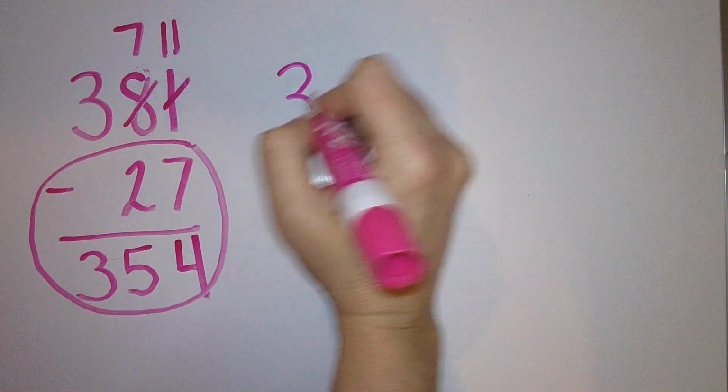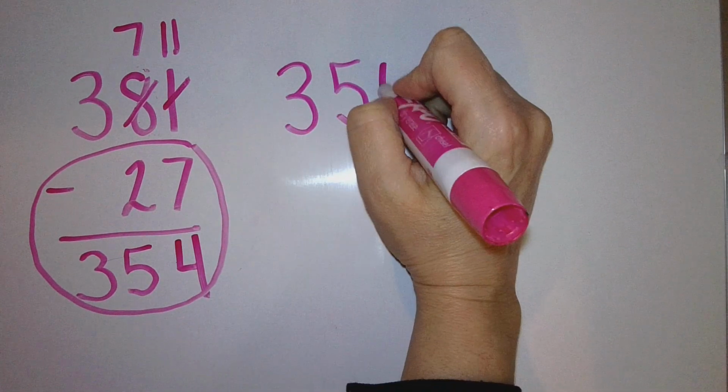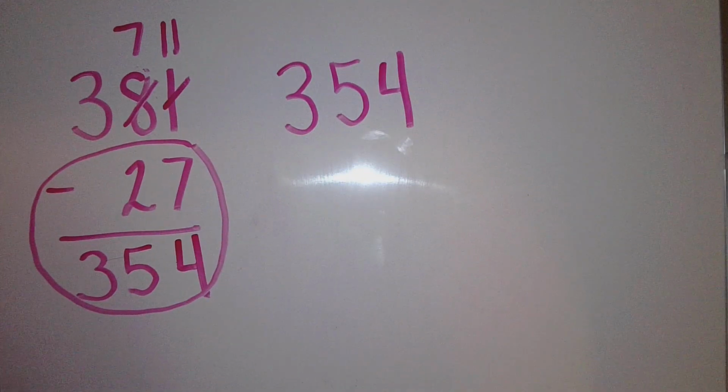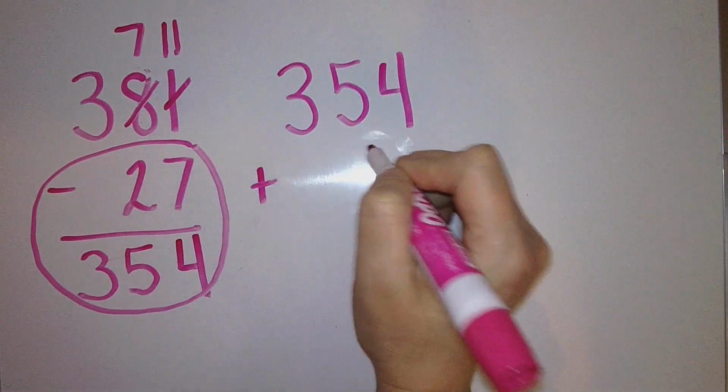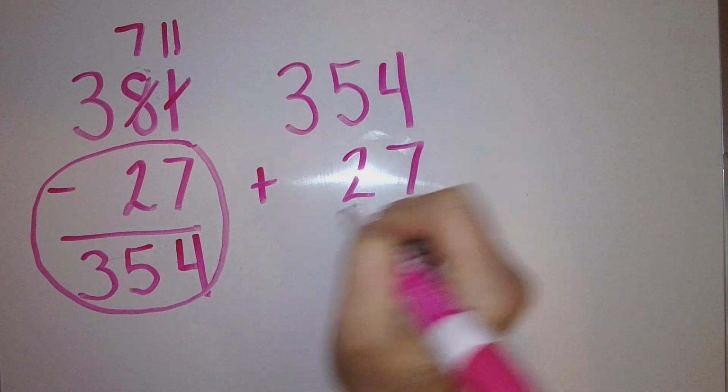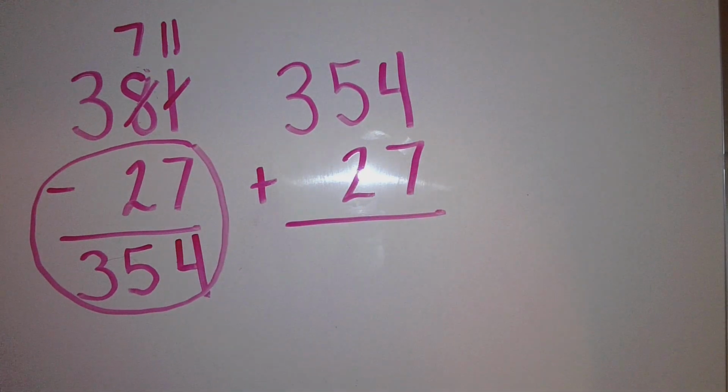Most of them will choose to put the bigger number on top. 354 plus 27. Now at this point, most of them are excited to get away from having to do the drawings, so that's why we start to encourage just using the standard algorithm.